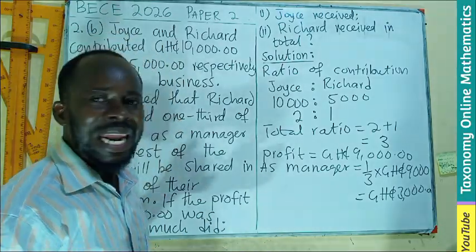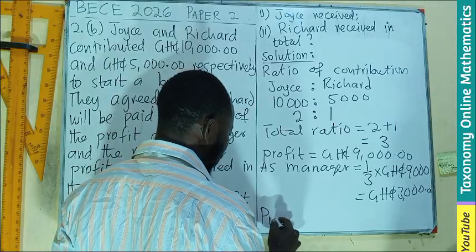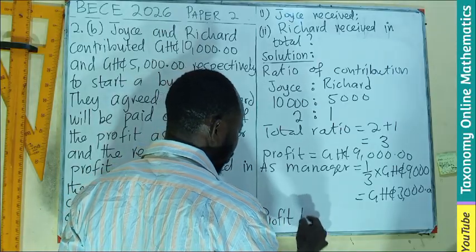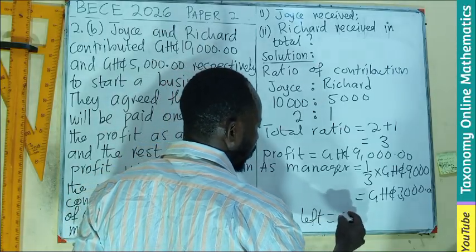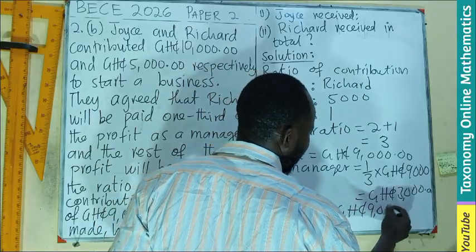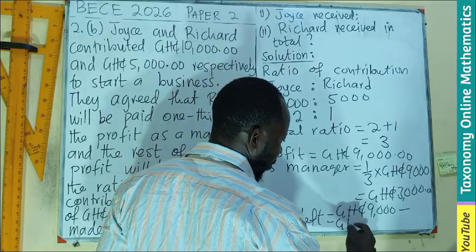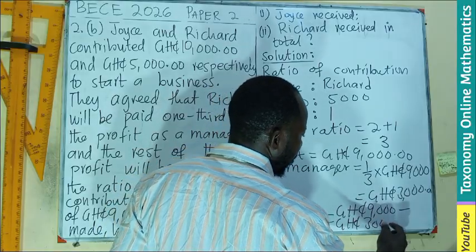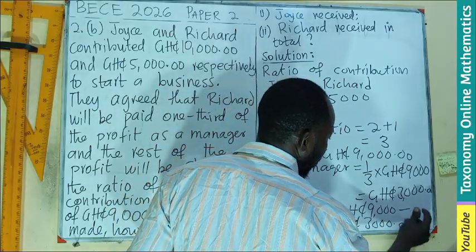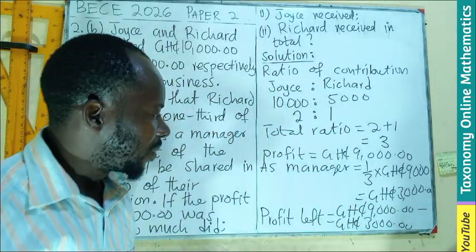Then the amount left or profit left is going to be the 9,000 minus the 3,000.